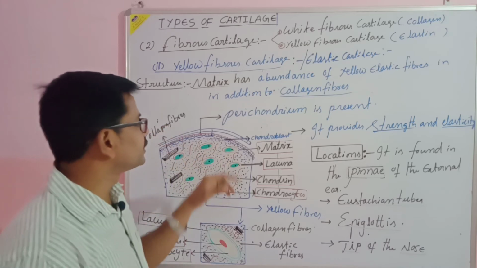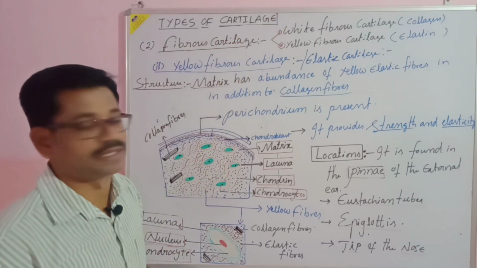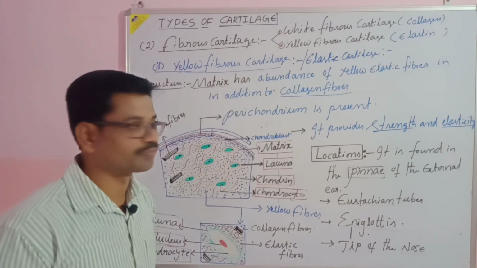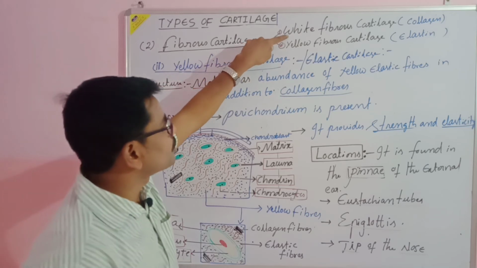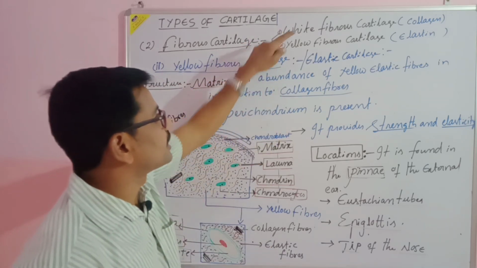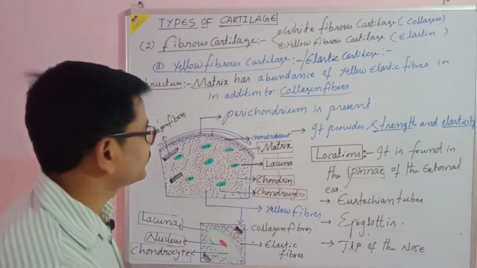And the third important thing is the pericardium is absent in the white fibrous cartilage. The pericardium is present in the yellow fibrous cartilage, right? White fibrous cartilage is the strongest cartilage, and yellow is somewhat pliable.